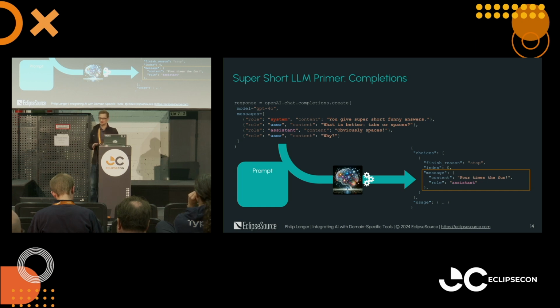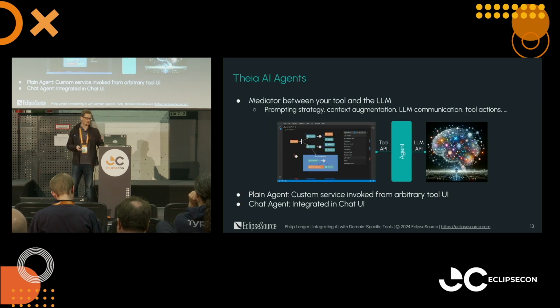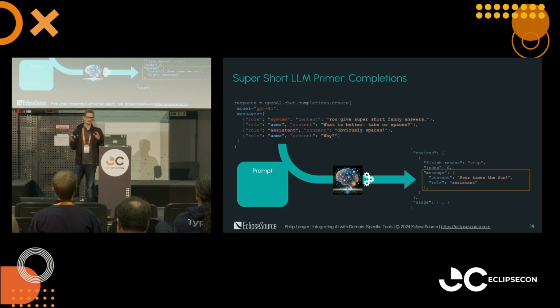Before I go into too much detail about agents, because they are basically taking care of the prompting strategy, I'll just give a very, very short primer on what an interaction with an LLM API actually looks like, just in case you have never seen that. So basically, the most fundamental thing that an LLM API provides is completions, and the idea behind that is you, as a user of this API, specify a set of messages.